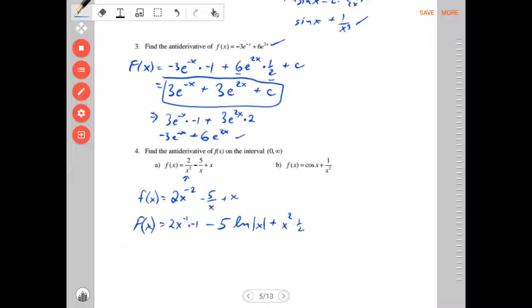So we end up with f of x being negative 2 x to the negative 1, so that's negative 2 over x, minus 5 ln x, plus 1/2 x squared. And that's our antiderivative.